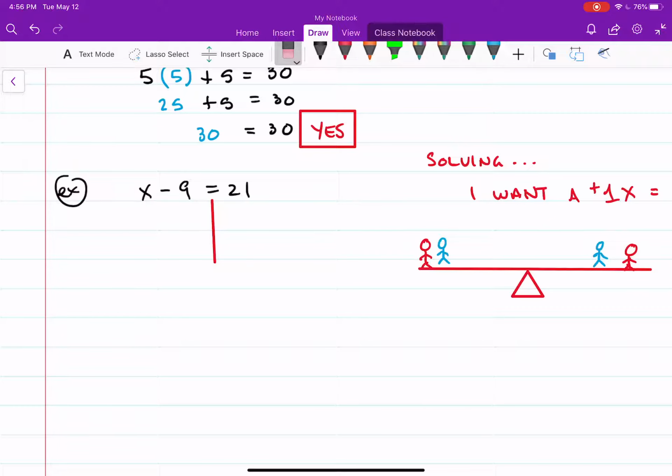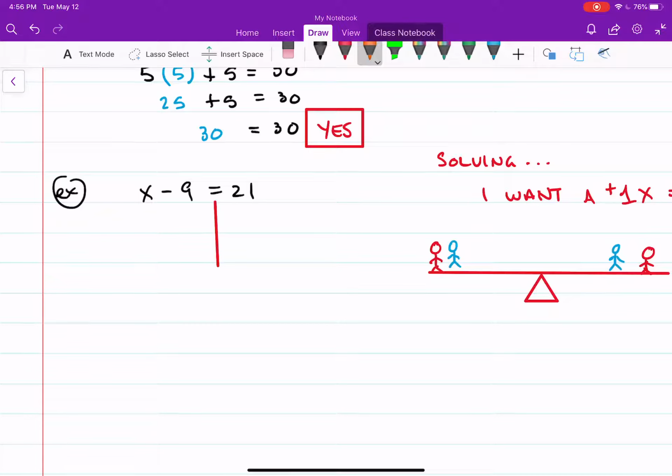So in this case, I want the x by itself. So what's attached to it? It's a minus 9. What's opposite of minus 9 is to add 9. So if I add 9 to the left side, I have to add 9 to the right side.